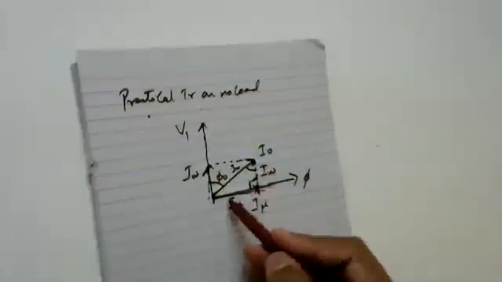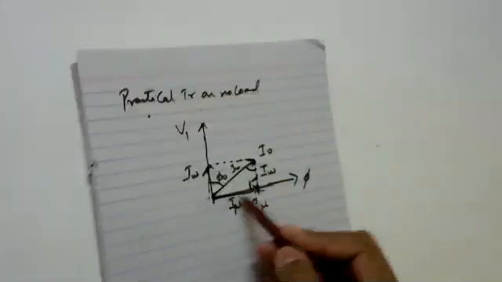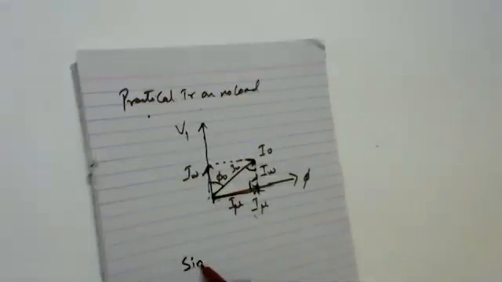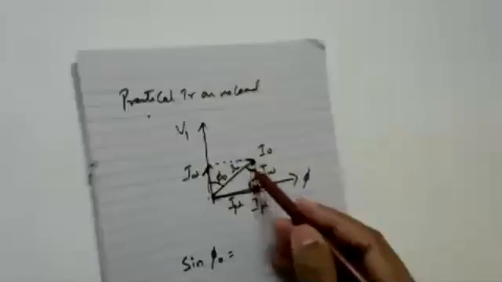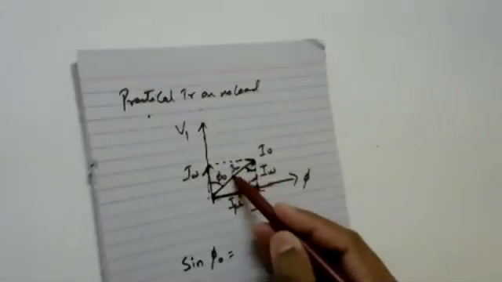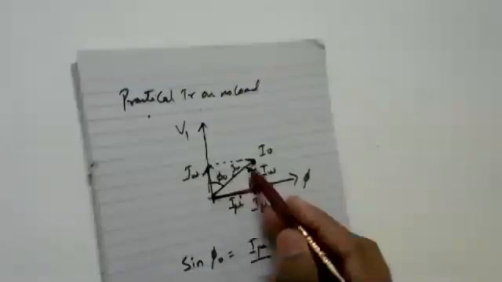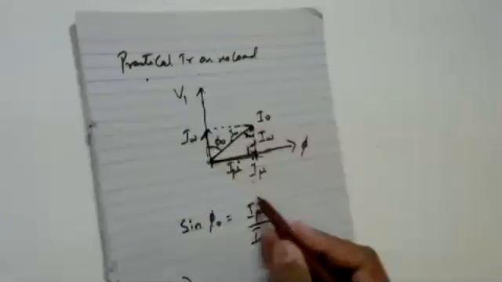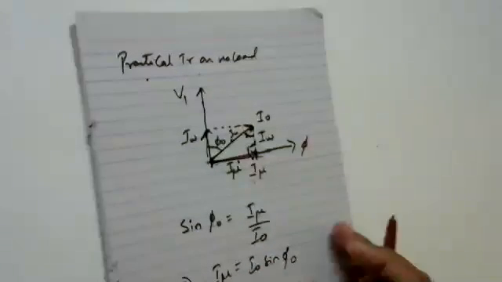Now if I want the value of I mu, I'll write sine of angle phi naught. Sine theta is opposite side divided by hypotenuse. The opposite side is I mu, divided by the hypotenuse, which is I naught. This implies I mu is equal to I naught sine phi naught.